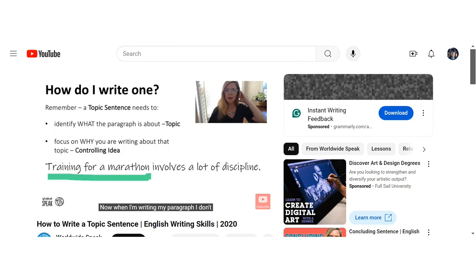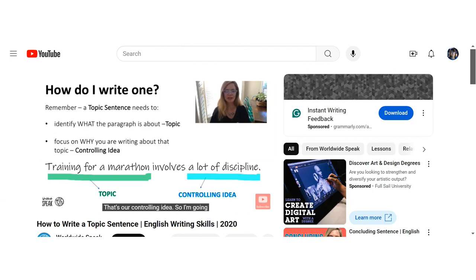Now, when I'm writing my paragraph, I don't want it to be such a big subject matter that I could confuse the reader. So I want to focus it with my controlling idea, and I'm going to pick one aspect or one part of training. And the controlling idea in this topic sentence would be a lot of discipline.